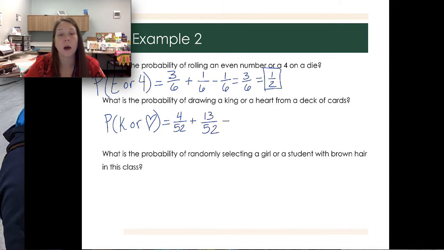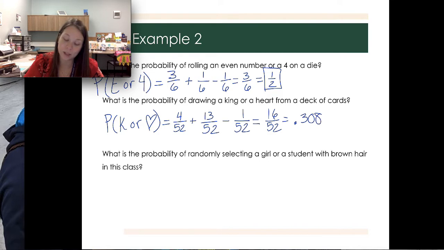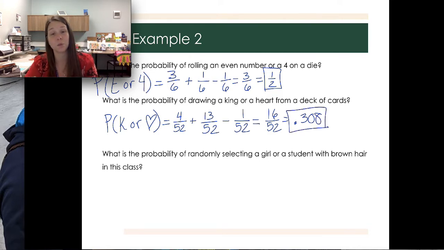But now we have to think about, is there any overlap? Are there any kings that are hearts, and if so, how many? Well, there's one king of hearts, so we have one card being double counted, so we need to subtract off 1 out of 52. And that gives us 16 out of 52, or the decimal version of 0.308. Because again, I don't care if it's in fraction or decimal form.